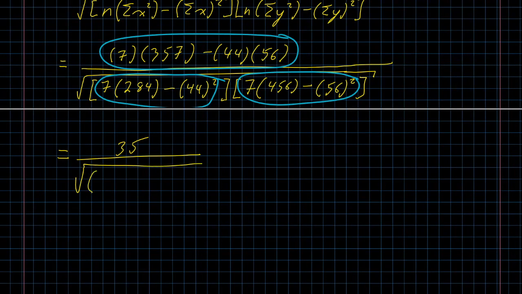7 times 284 minus 44 squared, my calculator tells me, is 52. 7 times 456 minus 56 squared, my calculator tells me, is 56.